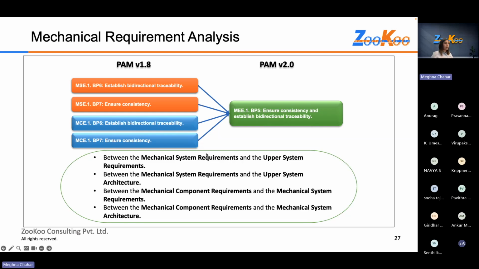But interestingly, nothing removed. As I was saying, they just combined. We need to maintain traceability and consistency between the upper system requirement and mechanical system requirement with the upper architecture design, and from component requirement to mechanical system requirements, same with the mechanical system architecture. You see these two coming from these two, and same way the below two are for component.